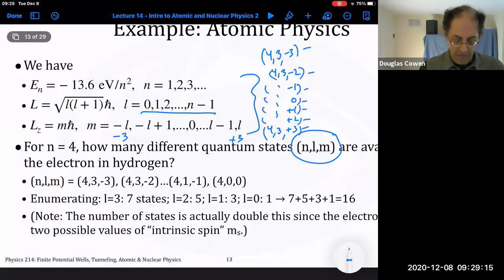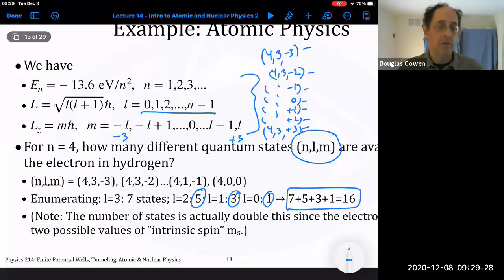And then if you do the counting, you'll see that there are 5 possible states. And if you set l equal to 1, you'll see that there are 3 states, and l equals 0, you see there's 1 state. And if you add them all together, you see that there are a total of 16 possible states. 16 possible combinations of n, l, and m. So 16 possible different orbits that the electron can have.